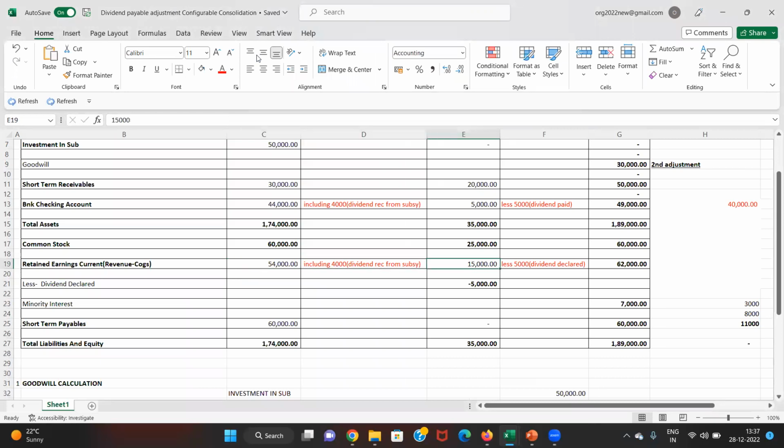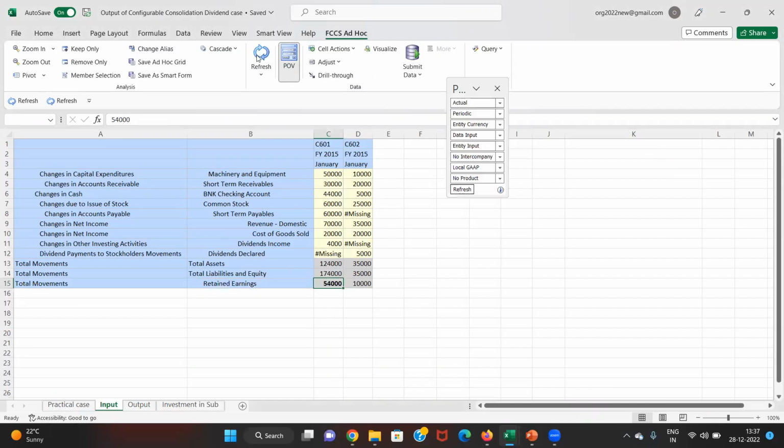For the subsidiary, it should be 10,000, 15 minus 5, which is also correct. So that means it has subtracted the dividend declared while calculating the retained earnings, since the property defined under the consolidation type was subtraction. Since we have taken the revenue as 35 and the COGS as 20, the net effect is 15, and then it has subtracted 5,000 as well.